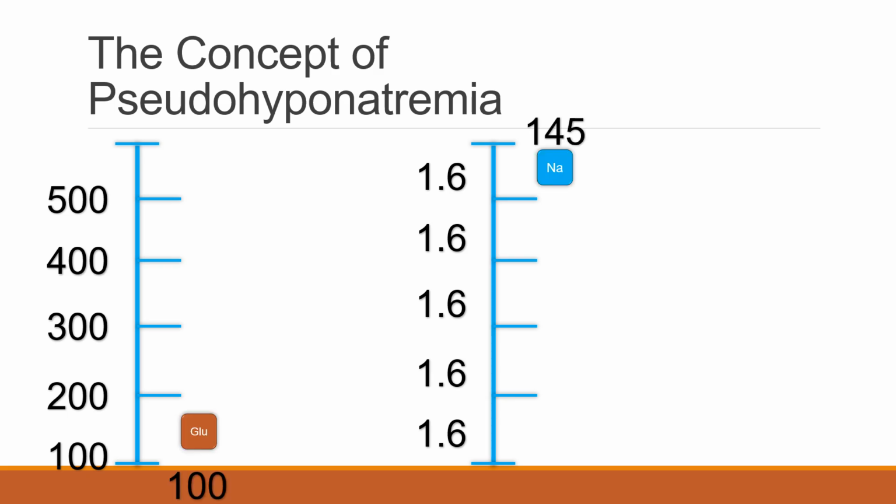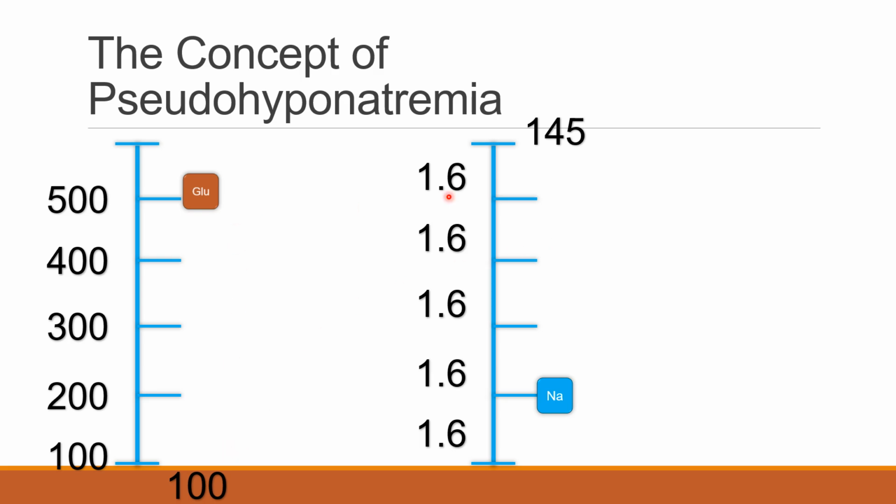So let's discuss an example. Suppose the initial glucose of the patient was 100 milligram per deciliter, and the initial sodium of the patient was 145 millimole per liter. Now the glucose of the patient is 500 milligram per deciliter. So how much has the glucose increased? By 400. For every 100, the measured sodium value will fall by 1.6.